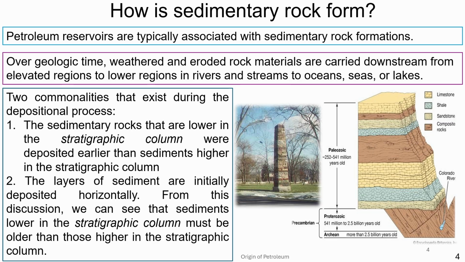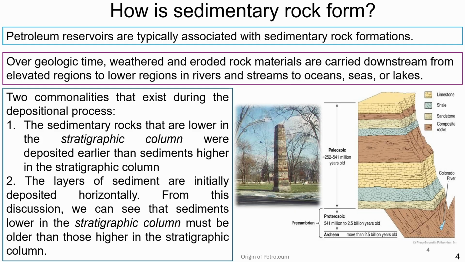Now we ask, how are sedimentary rocks formed? Over geological time, weathered and eroded rock materials are transported by rivers and streams into lakes, seas, and oceans. When the water loses energy, the sediments settle and are deposited. Two important rules apply here. First, sediments lower in the stratigraphic column were deposited earlier than those above them.